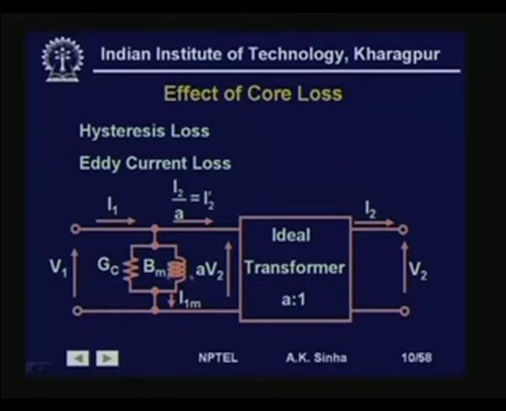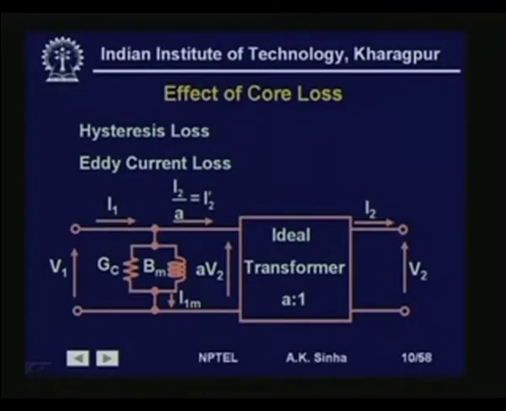Now, why have we put this as a parallel branch? The reason behind this is very simple. As soon as we excite the transformer, there is going to be a current which will flow through the transformer to set up the flux, and as soon as this time varying flux is set up in the core, we are going to have a hysteresis and eddy current loss in the core, and this is not dependent on the load.